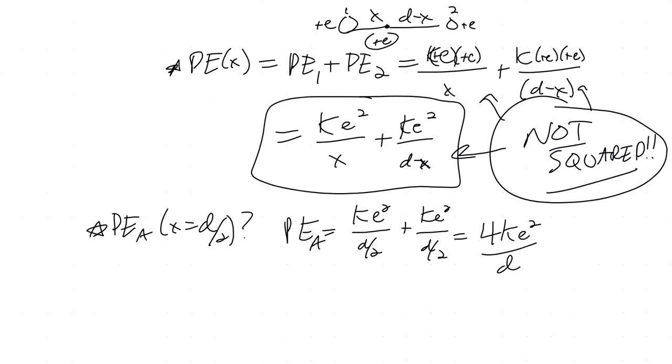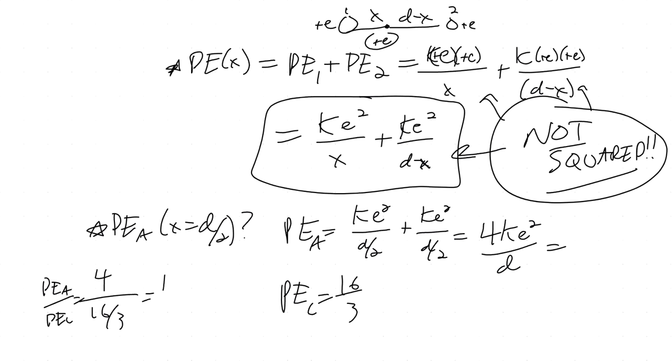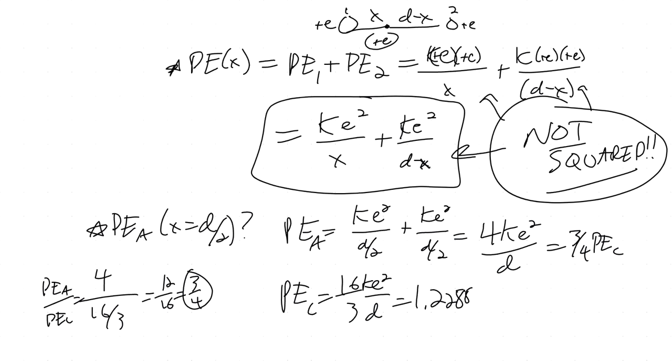Remember PE at point C was 16 thirds, so the ratio of PE at point A to point C is 4 over 16 thirds, which is 12 sixteenths, because I just flip and multiply, and I get 3/4. So this is 3/4 of the potential energy at point C, which was 1.2288 times 10 to the negative 18.